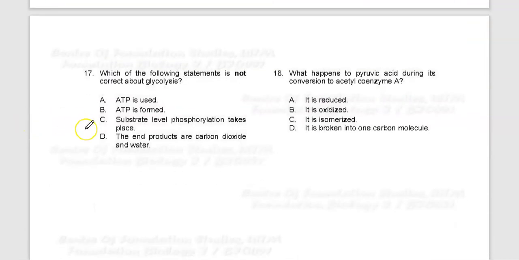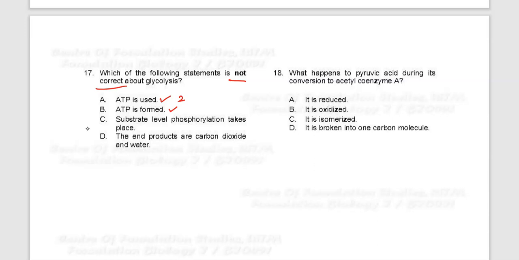Number 17, which of the following statements is not correct about glycolysis? ATP is used, yes, because 2 ATP were used during the energy investment phase.